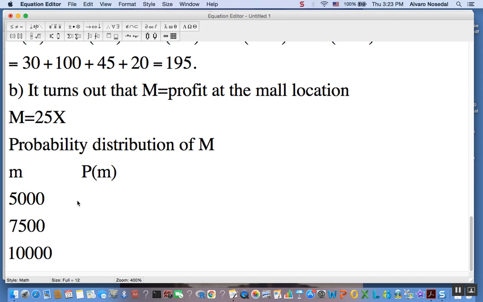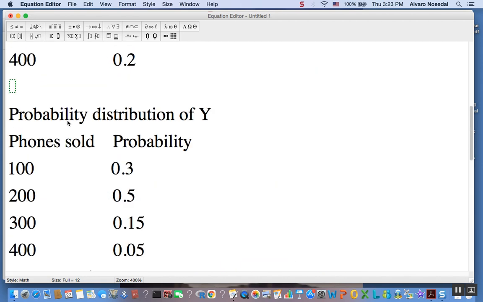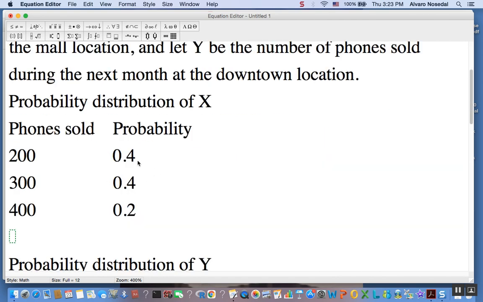Well, you are going to have a profit of 5,000 if the first value of x occurs, which is going to happen with probability 0.4. Make sense? Same thing is going to happen with this one.